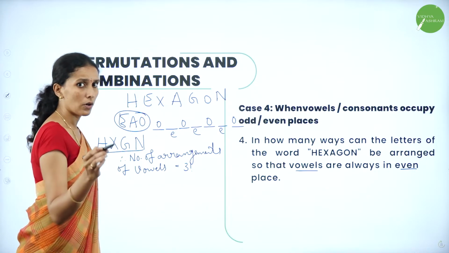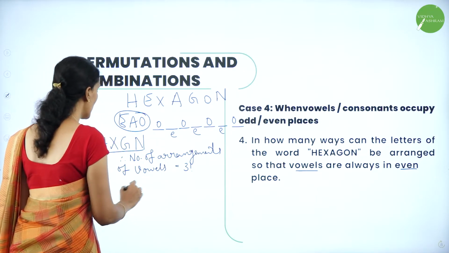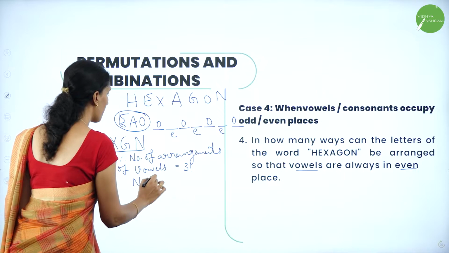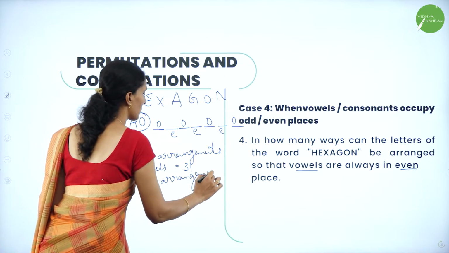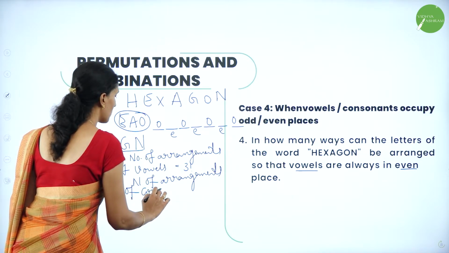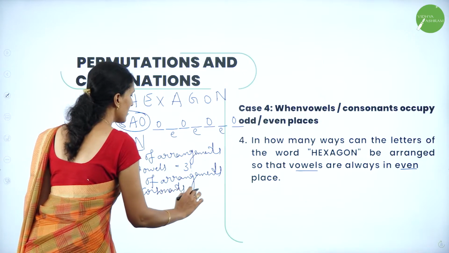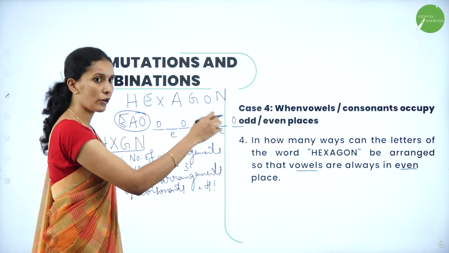So this is odd. So certainly H, X, G, N, all the consonants should be in the odd places. So therefore, the number of arrangements of consonants is 4 factorial. Why 4 factorial? Because 4 different letters in 4 different places.